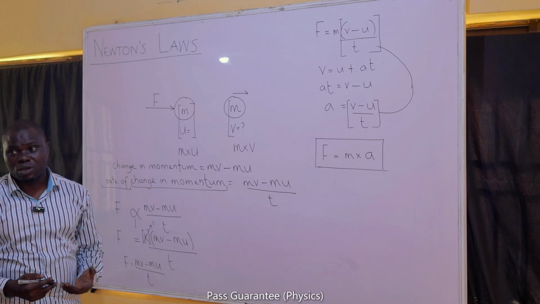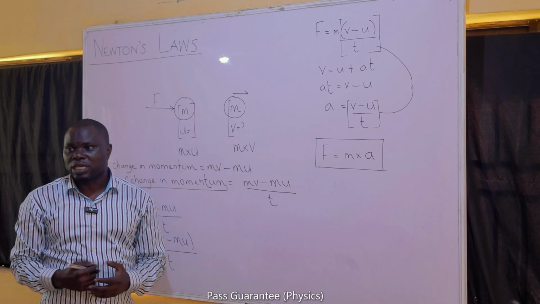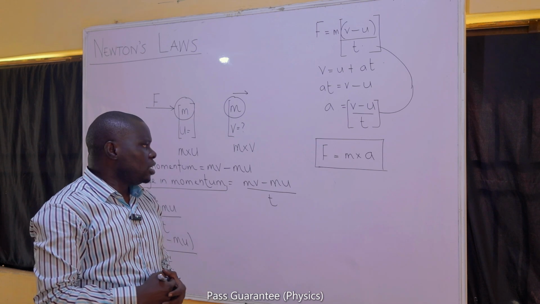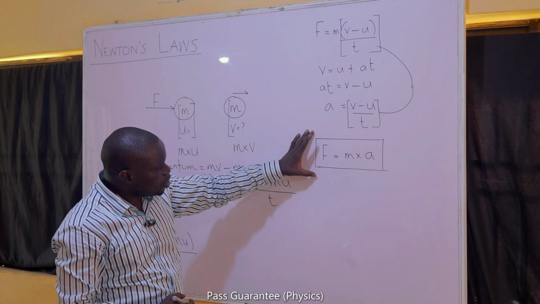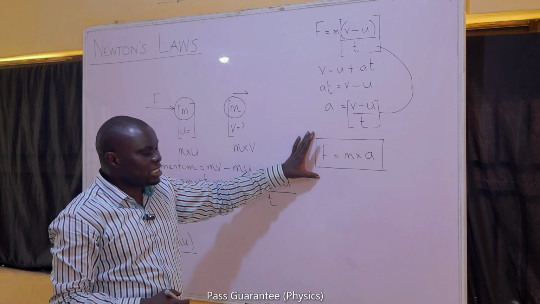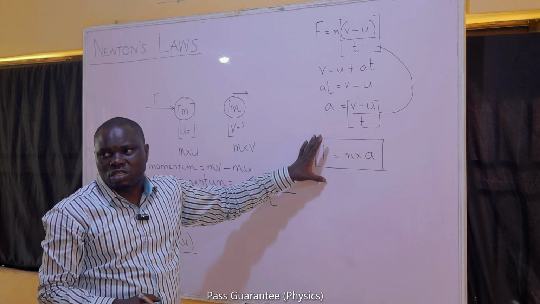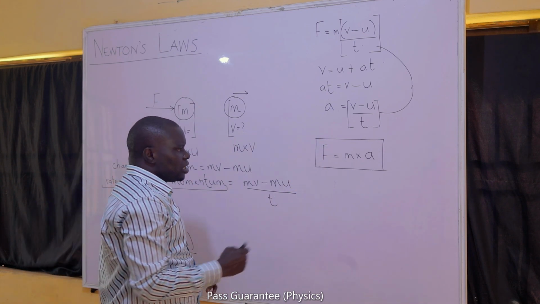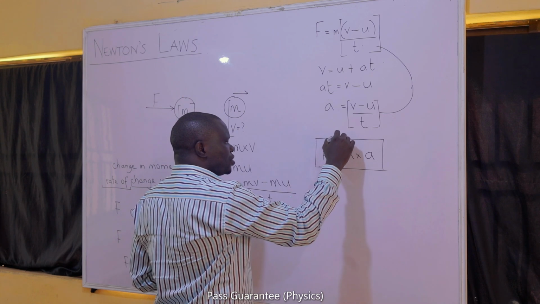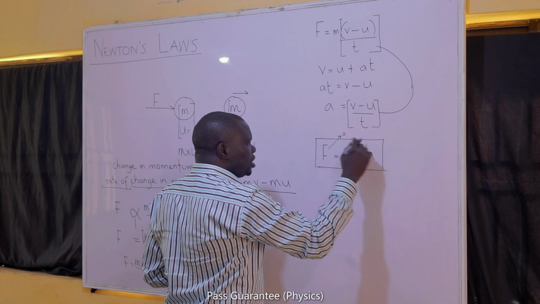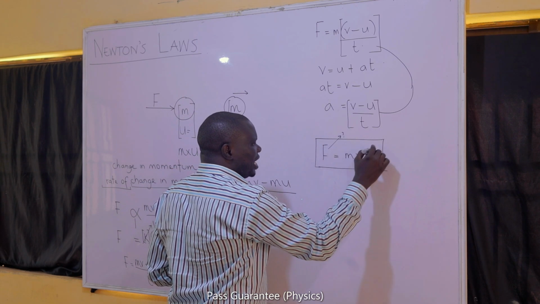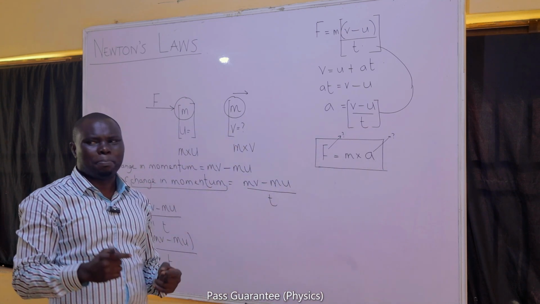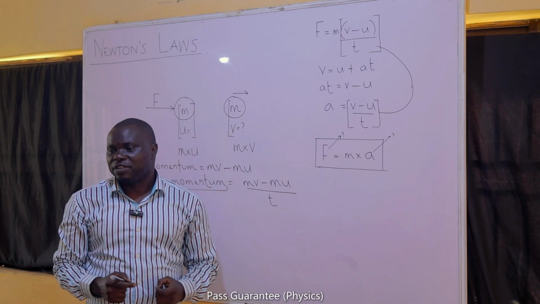In fact, the simple equations in physics are the most important equations. We only just need to know how to use them. This equation explains what Newton's first and second laws are trying to teach us. This law is telling us that anytime there's a force, there must be an acceleration that will be imparted on that object by the force.